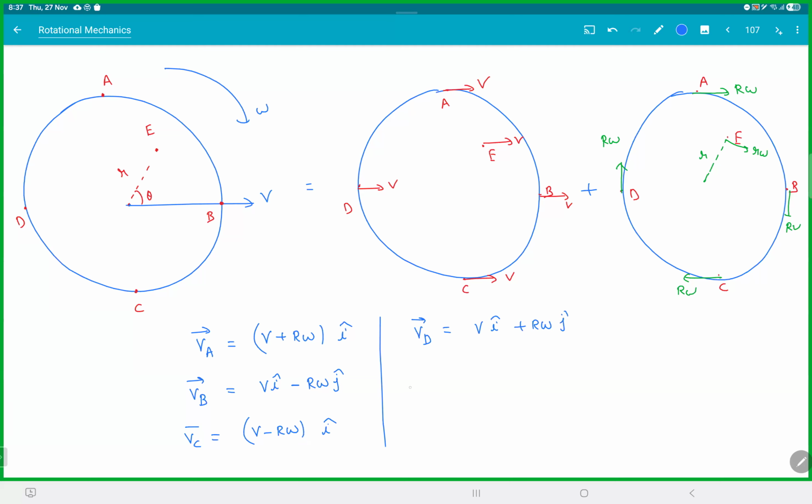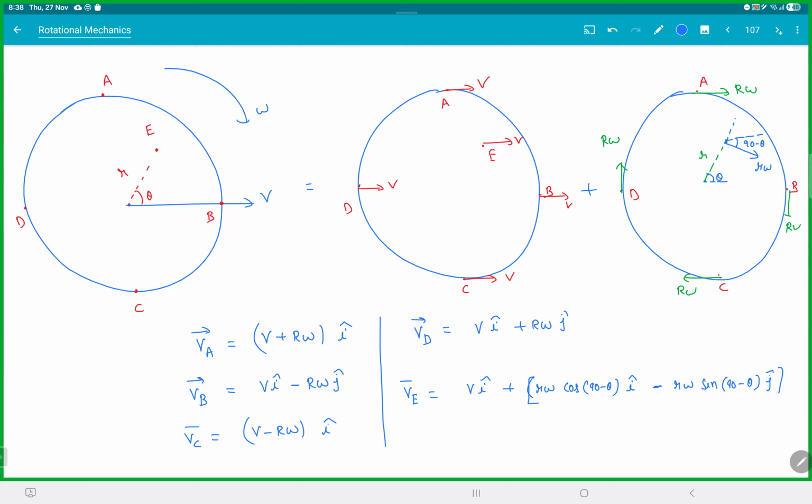And velocity at E, so there we have to resolve this. If you take this angle as theta, that is theta, so this angle will be 90 minus theta. So velocity at E will be V i cap plus R omega cos(90 minus theta) i cap minus R omega sin(90 minus theta) j cap.